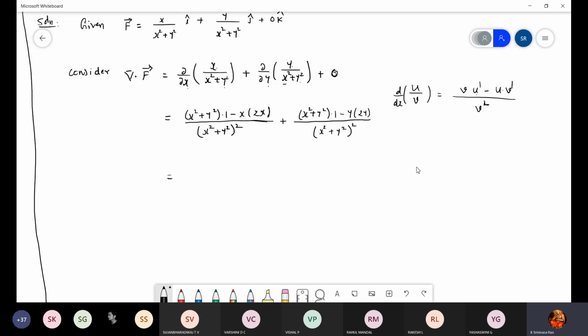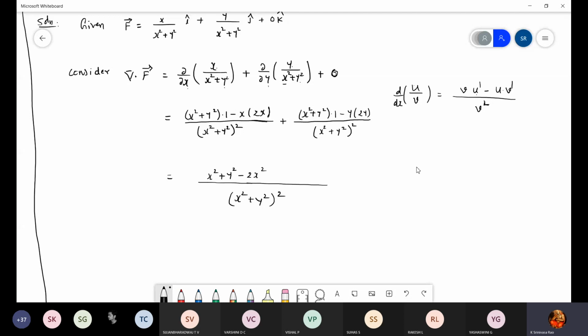since the denominator is the same, I can take the LCM or I can write it whole or take it common, whatever. X square plus y square whole square. I can write like this because both terms have the same denominator, or you can take it common outside. And the numerator you simplify, you will get x square plus y square minus 2x square.